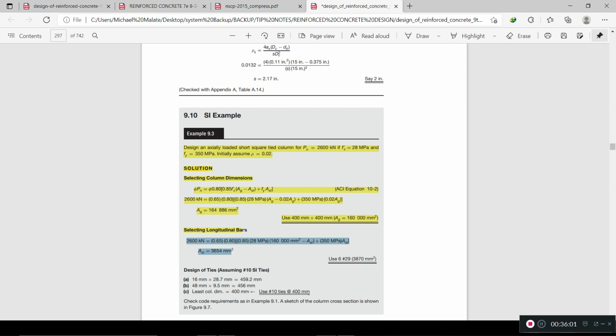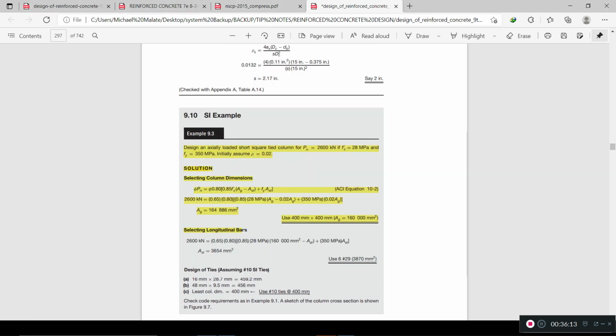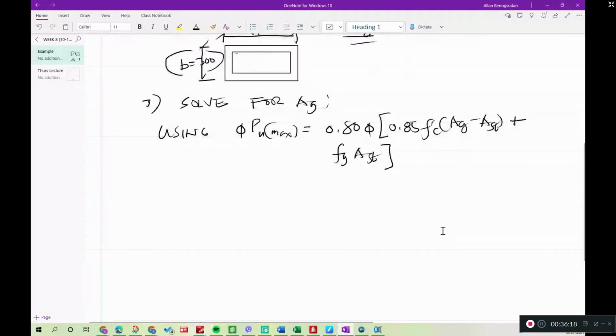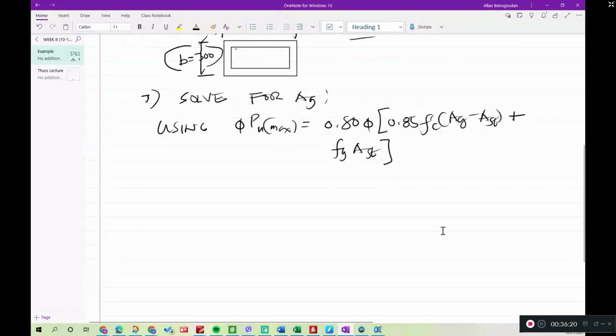Can you follow? Anyway, you don't have to write because later I'll put this one in our Canvas. I'll make this one as PDF and put it in Canvas, okay? You have to tell me.